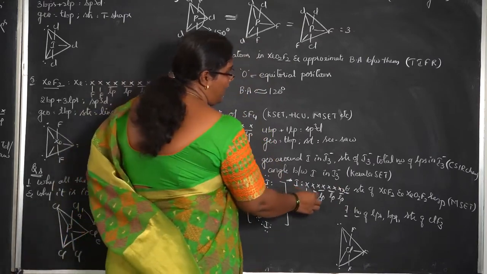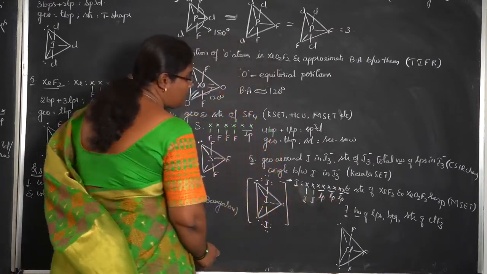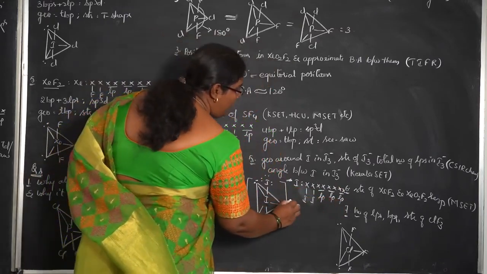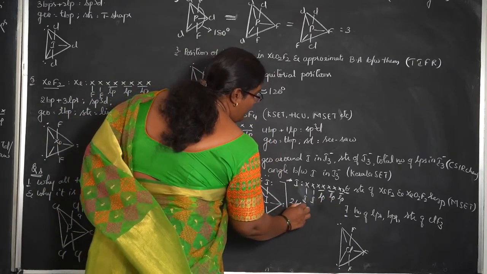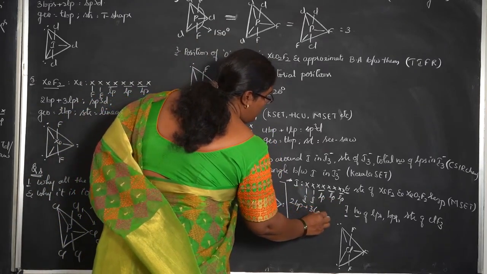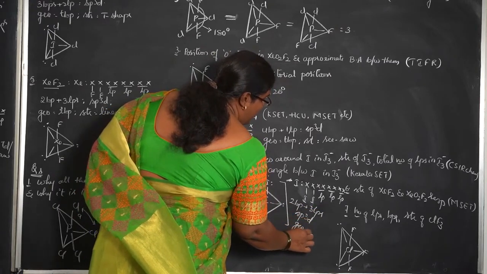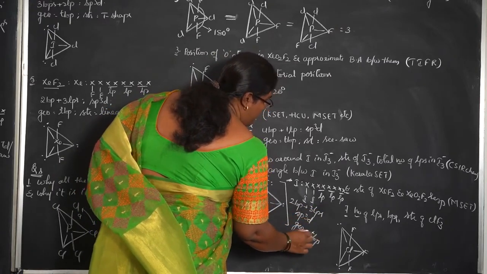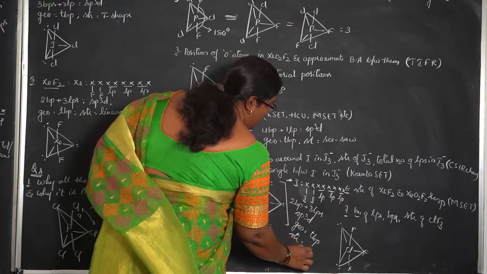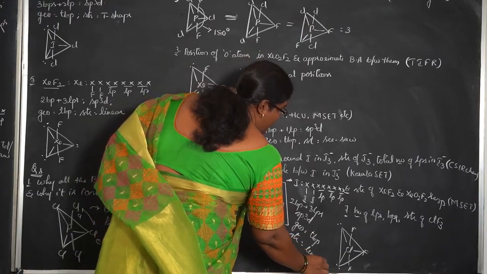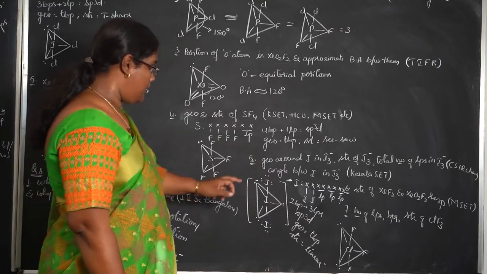So we get 2 bonded pairs plus 3 lone pairs: sp3d. Geometry, trigonal bipyramid. Structure, linear. Now let us see the answers to the questions.